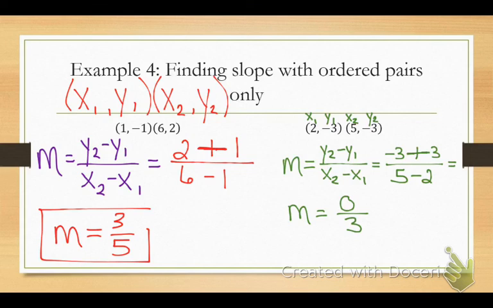Now you cannot stop here because 0 is in the slope. You have to decide, is your slope 0 or undefined? And that depends on where it is in the fraction. Joy, what do you think? Do you think your slope is 0 or undefined? It is 0. Why is it 0, guys?